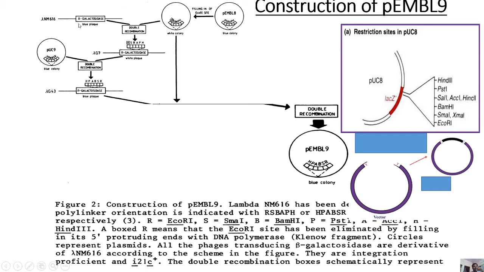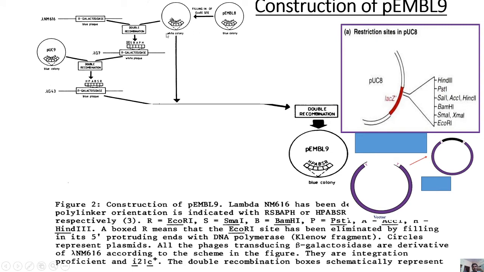This is the lacZ region of lambda NM616 and this is the lacZ region of the pMBL8 vector. The only difference is that the pMBL8 lacZ region has a multiple cloning site and the lambda NM616 region doesn't. So within the bacterial cell, a double recombination process may occur between these two regions.